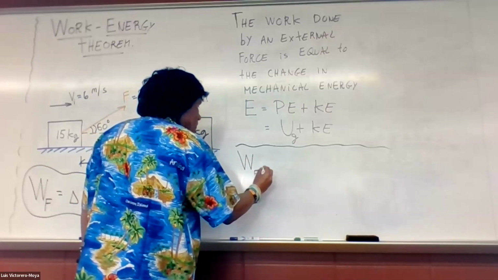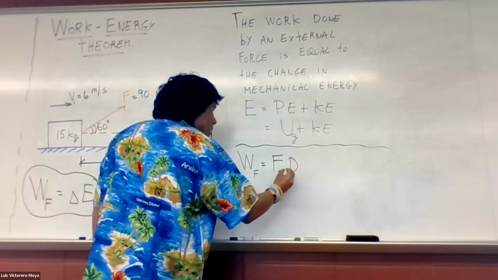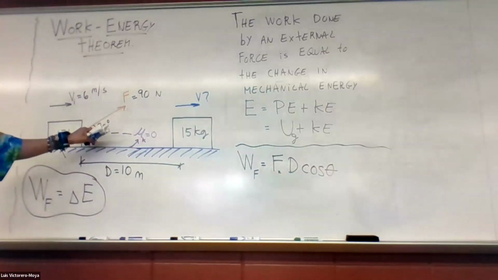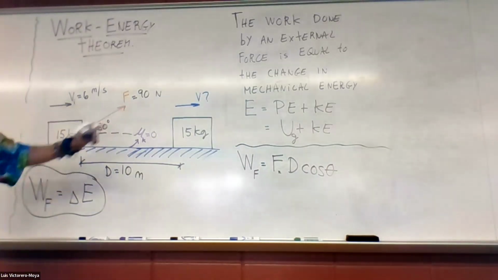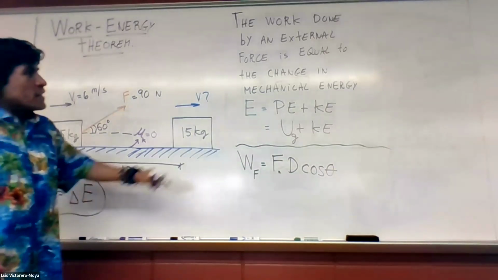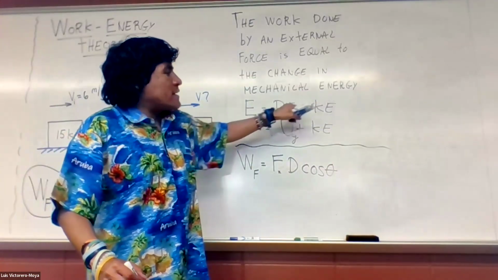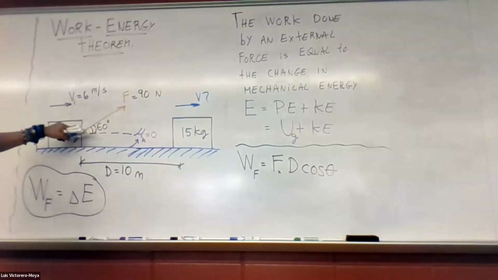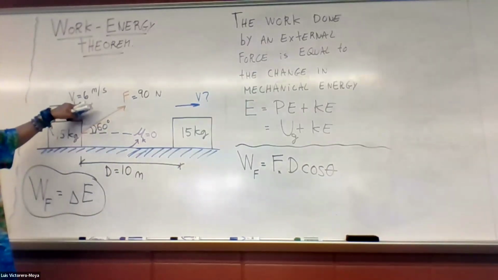The work done by the force is F times the cosine of the angle, times d. F d cosine theta. And that is the change in mechanical energy. Mechanical energy is potential plus kinetic. At the beginning, it's on the ground, so there is no potential energy. But at the beginning, it's moving at 6 meters per second.